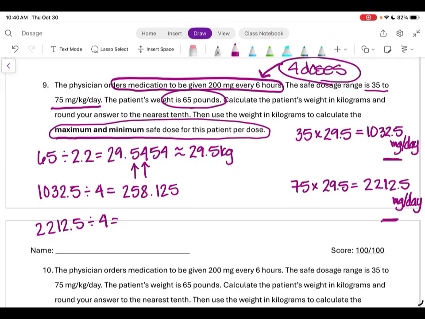We'll leave it like that for right now. 2212. All right, so now this is per dose.